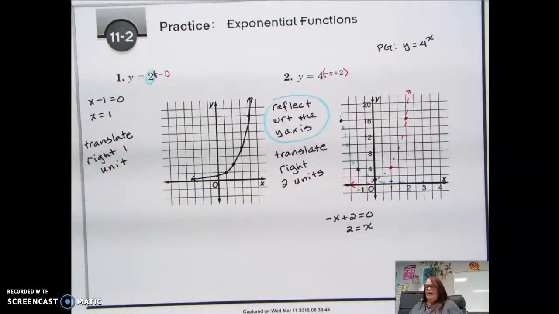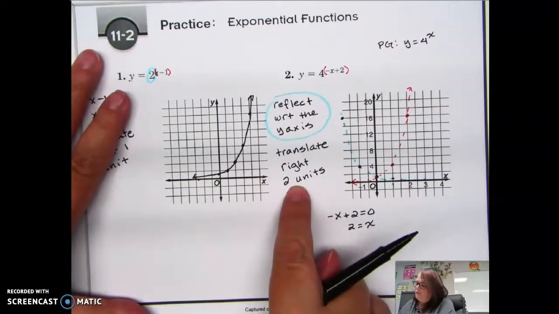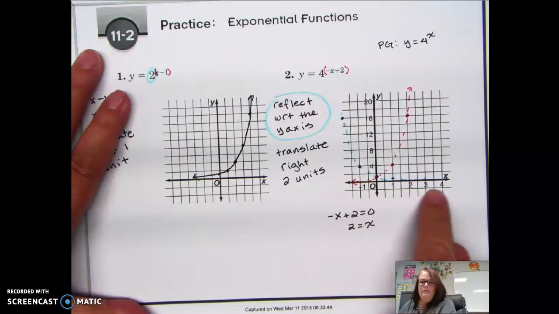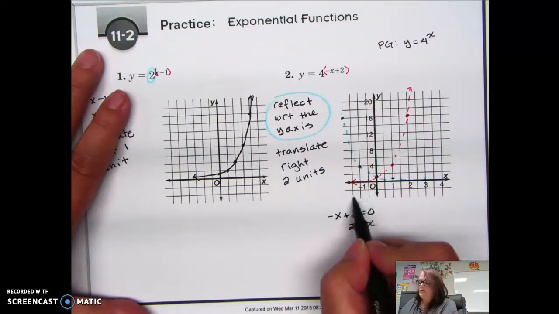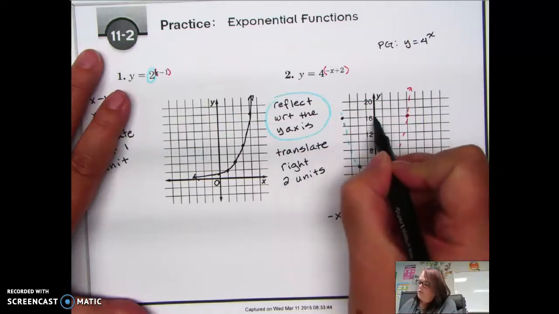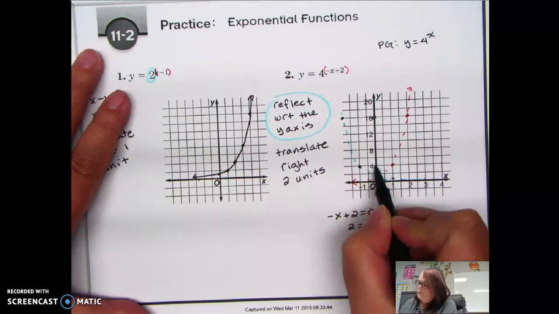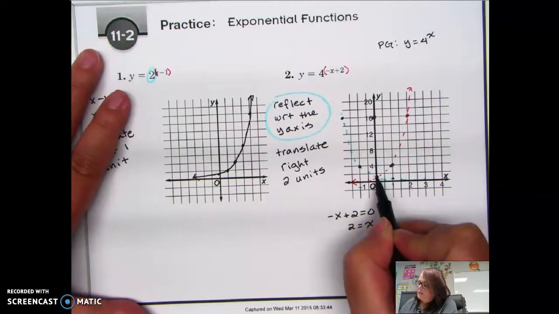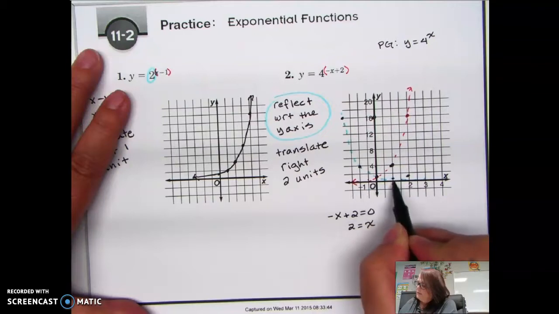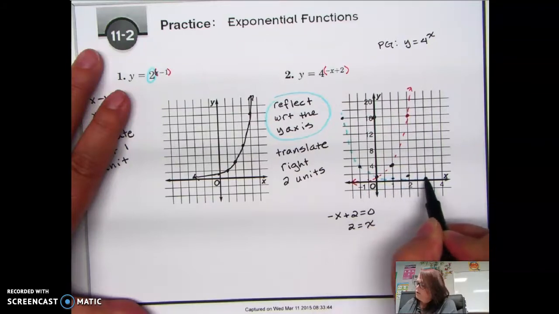And so then I need to then translate everything to the right 2 units. And remember, it's the units on the x-axis, not the units as in the grid. So each unit is 2 grids. So here is 1, 2 units, and here's 1, 2 units. This one goes 1, 2 units, and this one here goes 1, 2 units.